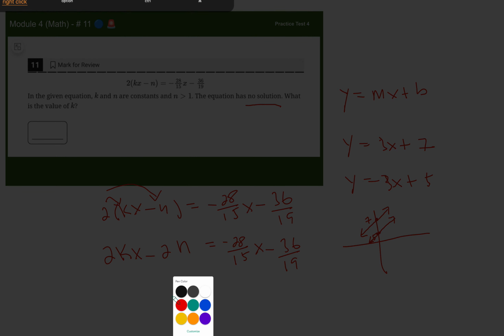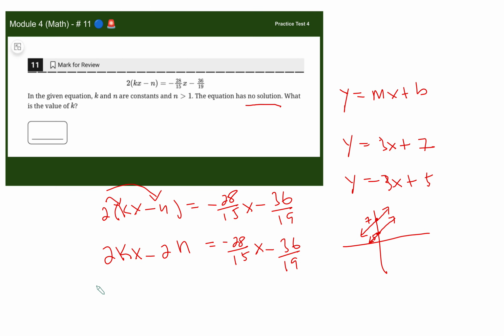You could write the first one as y equals 2kx minus 2n, and the second one, I'm going to write this down as y equals negative 28 over 15x minus 36 over 19.